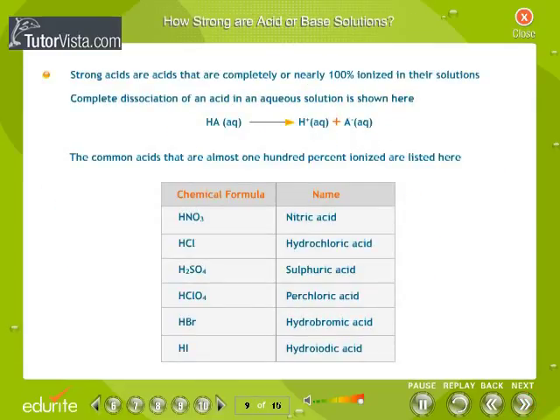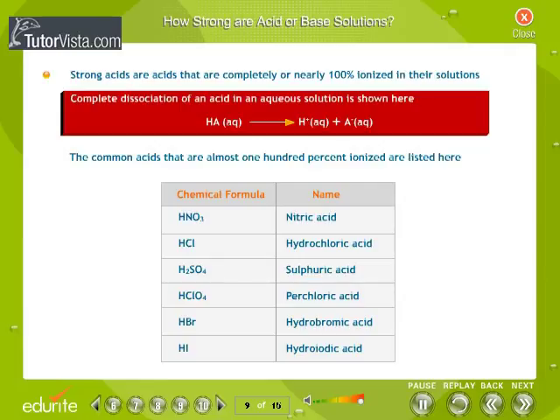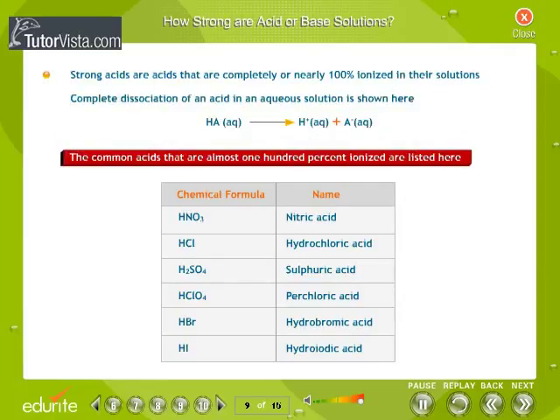How strong are acid or base solutions? Strong acids are acids that are completely or nearly 100% ionized in their solutions. Complete dissociation of an acid in an aqueous solution is shown here. The common acids that are almost 100% ionized are listed here.